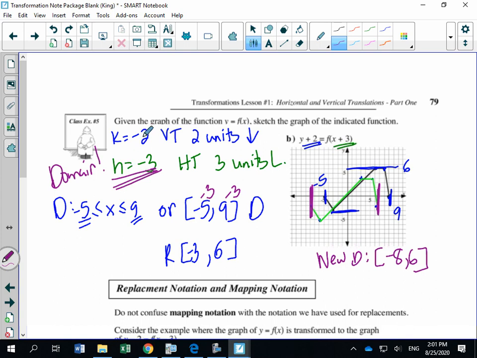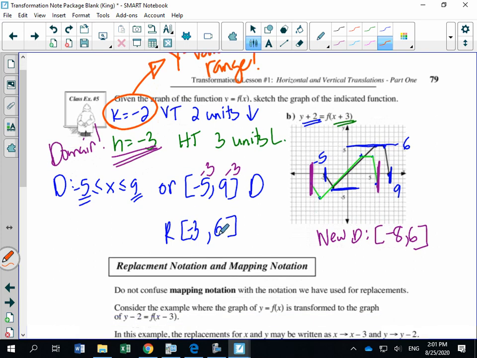Now, the K value affects your range. It always affects your y values, which is your range. So that -2, I apply to my y values on my range. This would be -3 minus 2 and 6 minus 2. My new range is -5, and 6 minus 2 is 4.